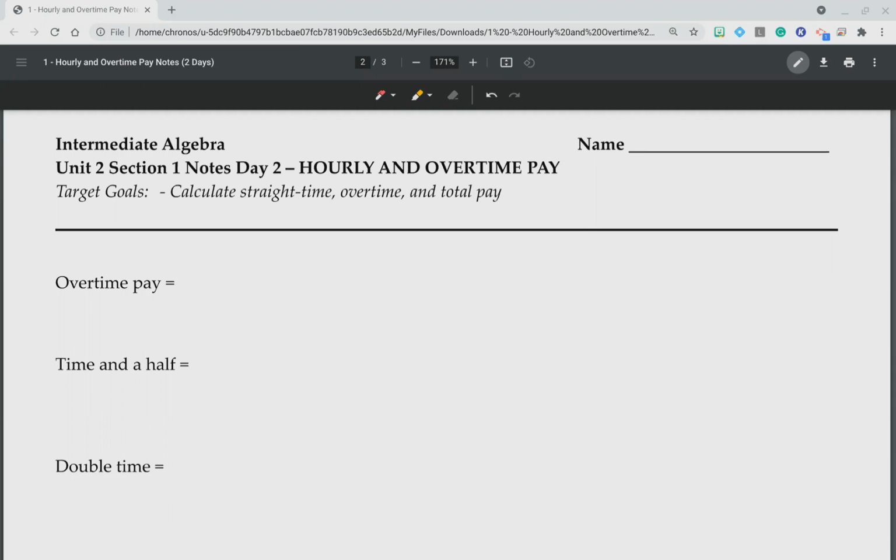So, overtime pay is money earned at an increased rate for working more than the usual number of hours in a week.